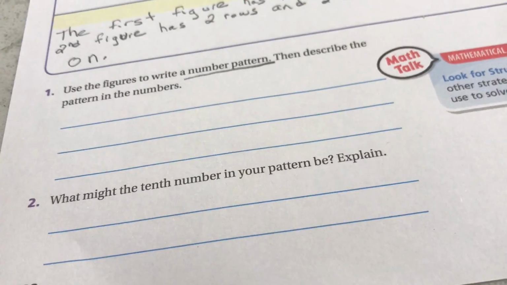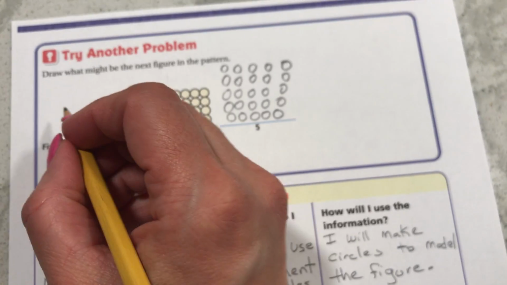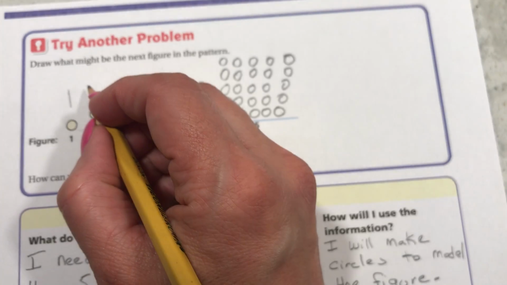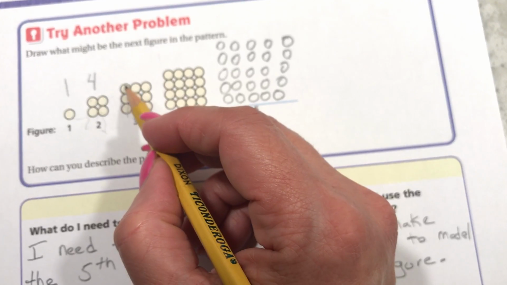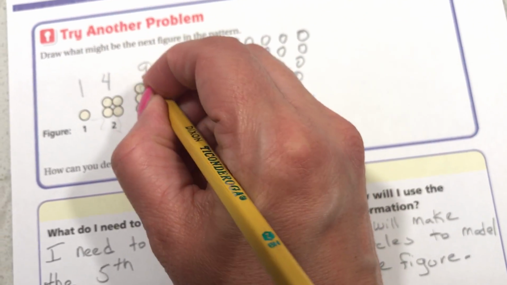So our number pattern, if we look, how many does our first shape have? Well, it has 1. How many does the second shape have in all? 4. How many does the third shape have? Well, it has 3 down and 3 over. That has 9.